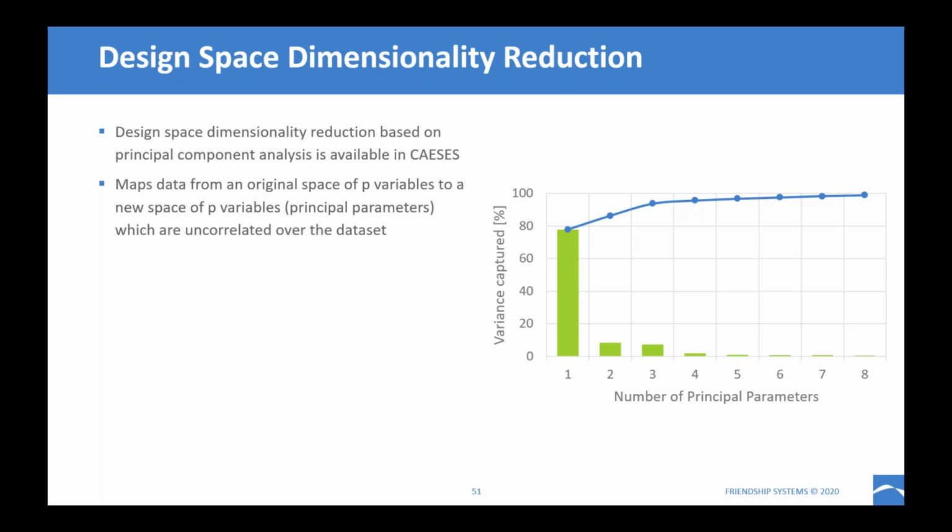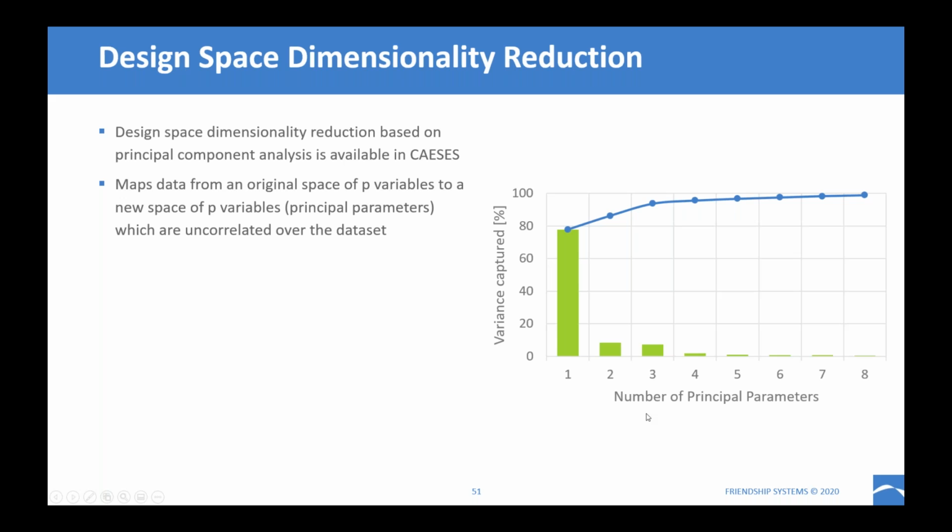And then you analyze the differences between all of these variants and basically extract the eigenmodes or principal components. And then you can use these principal components, or we call them then principal parameters, as new parameters to control the geometry.